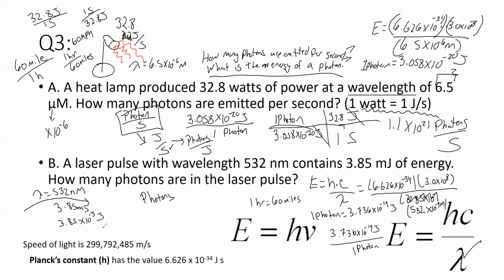Well, the energy of the entire pulse is 3.85 times 10 to the minus 3 joules. That's what the energy of that laser is. And remember, my unit wants to be photons, so I want joules on the bottom, photons on the top.